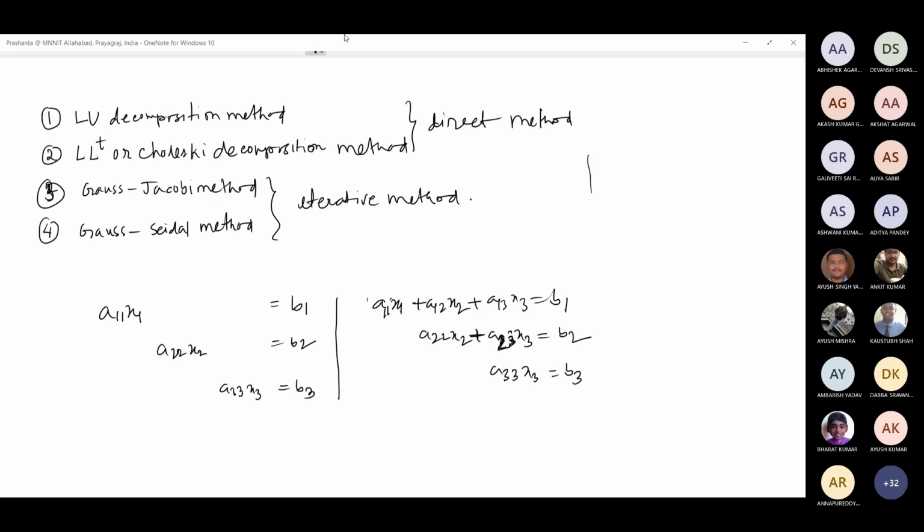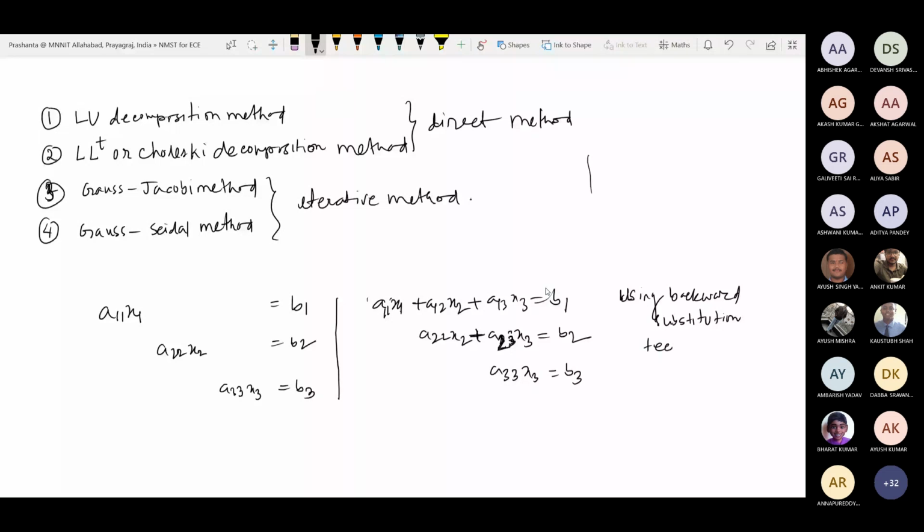So by using the backward substitution technique, the solution can be obtained very easily.